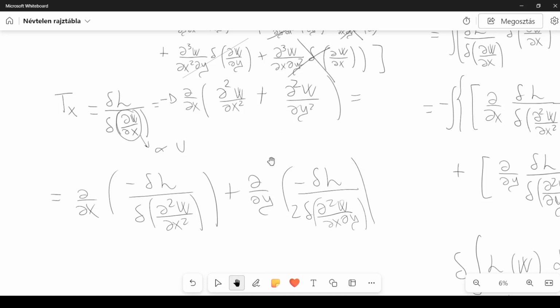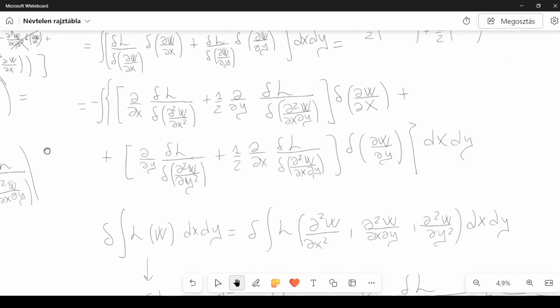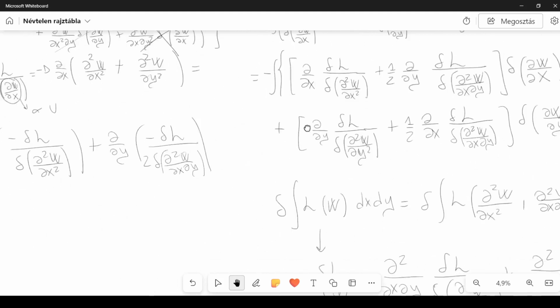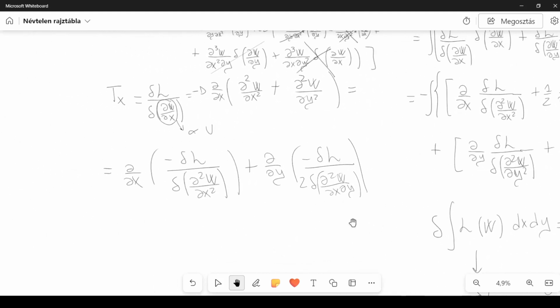And just to remind you, we have found that in here. So basically this is equal to minus this, and it's the same thing that I have written in here. Now we can define this to be the bending moment along x.